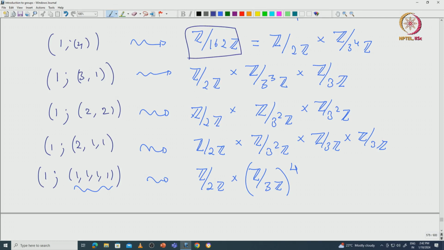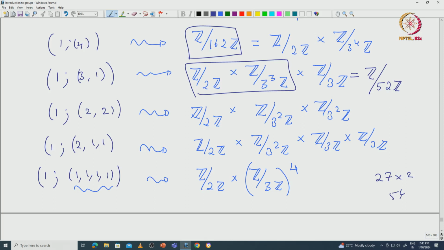In the second example you can combine these two and get Z modulo, 3 cube is 27, 27 into 2, sorry, 54 Z.